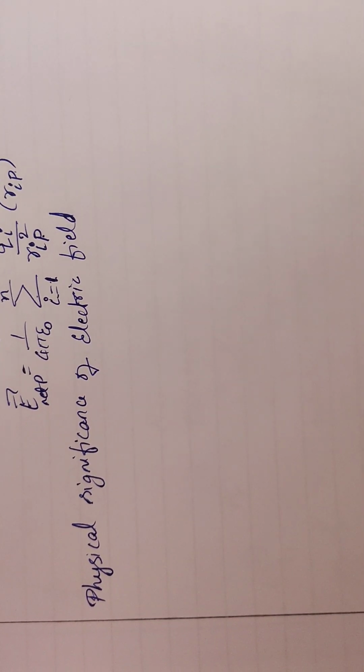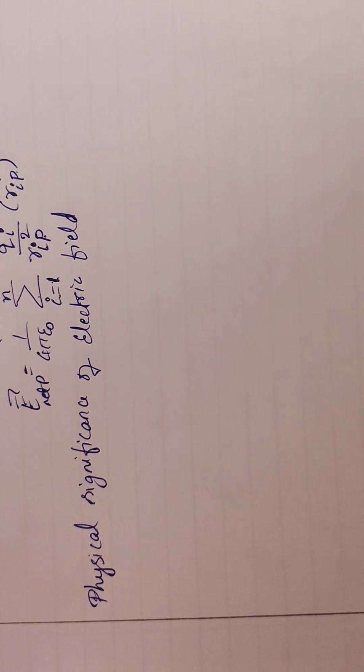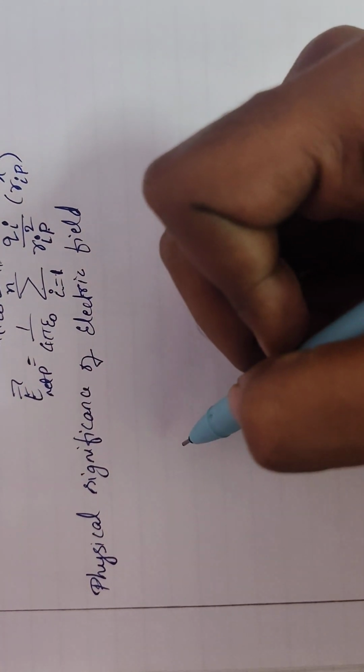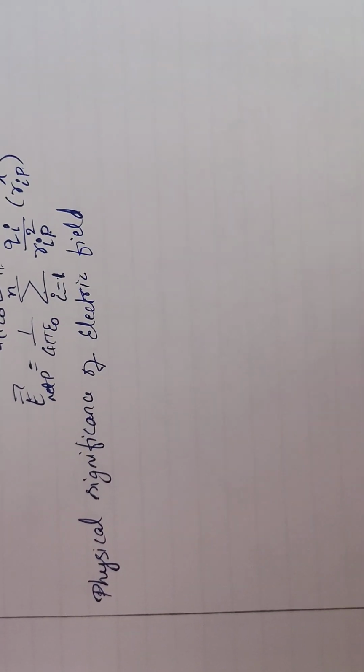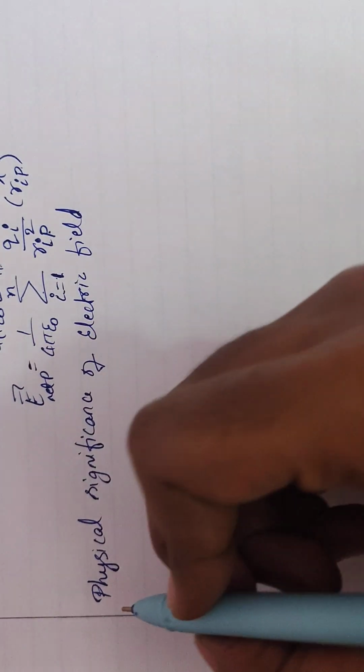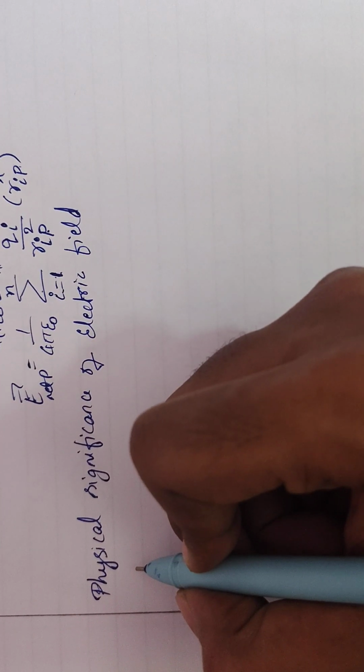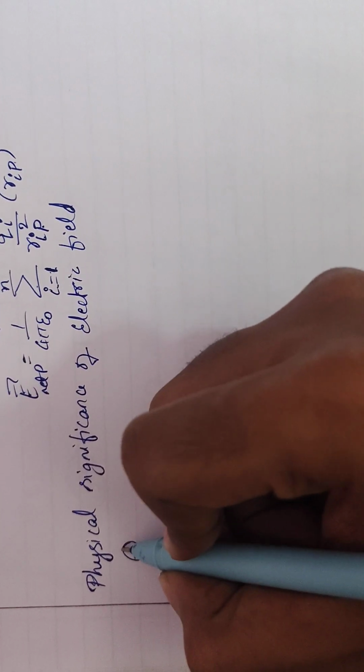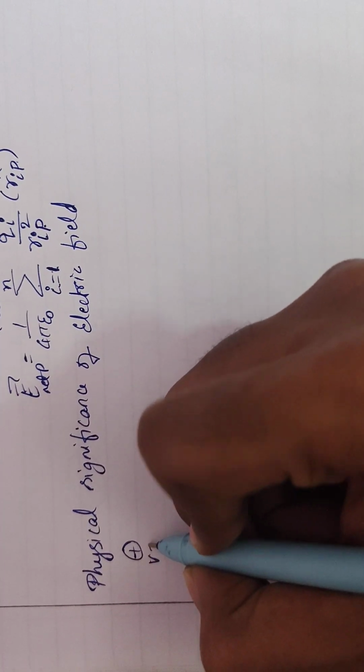And through principle of superposition, we calculate the net force. Then what is the need for separately studying this electric field? See, in your first chapter, as I've said in the introduction video, you are dealing only with electrostatics, that is charges are at rest.